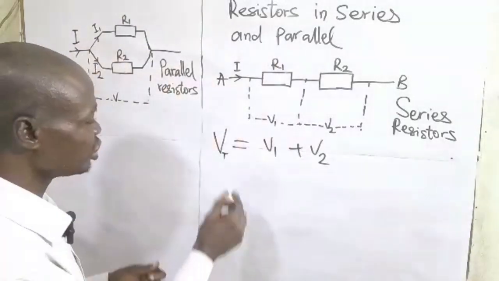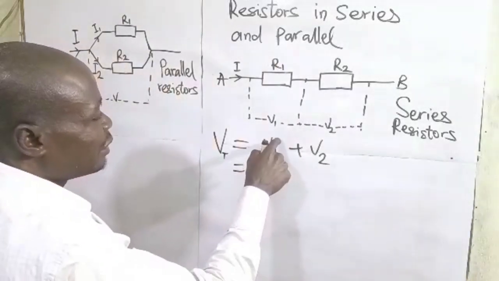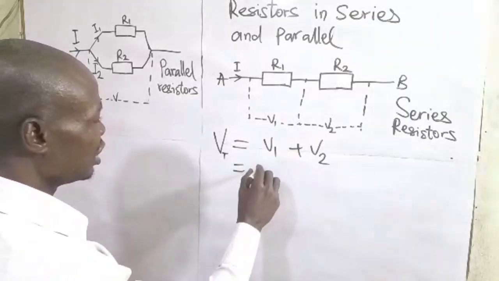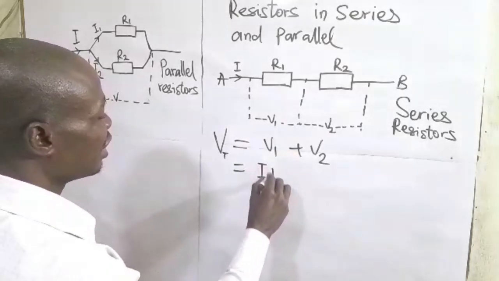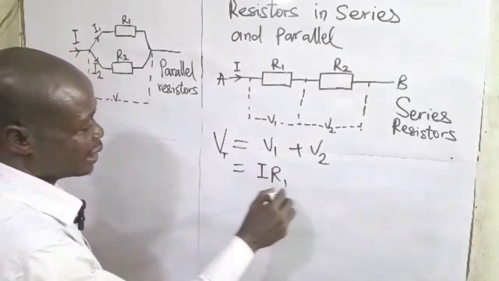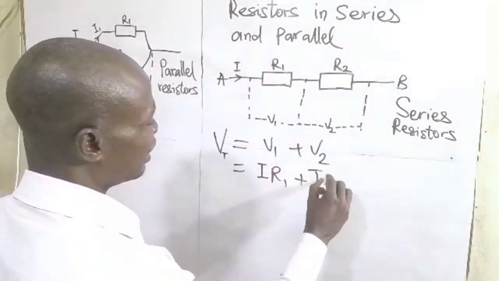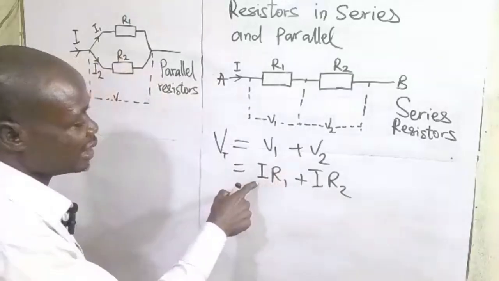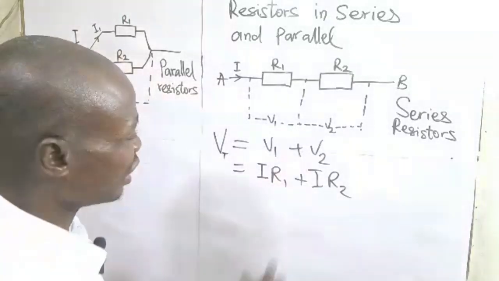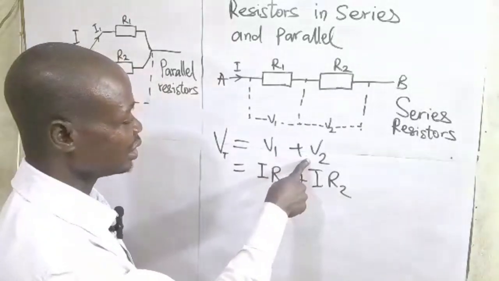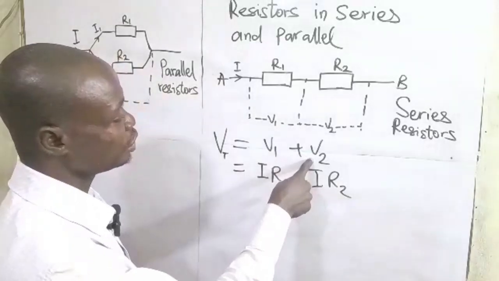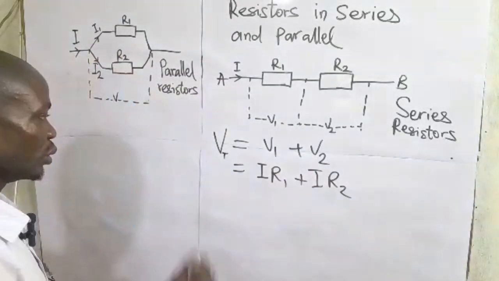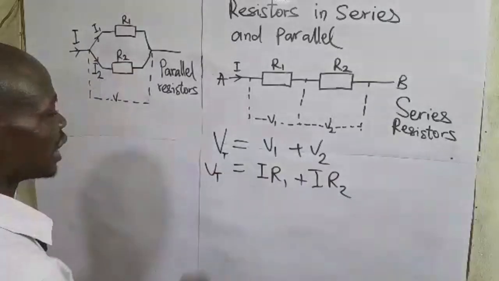So from Ohm's law, the potential across this one is I R1 plus what? I R2. So the potential across V1 is current times the resistance R1, and the potential across V2 is current times what? R2. Okay, and that is V total.